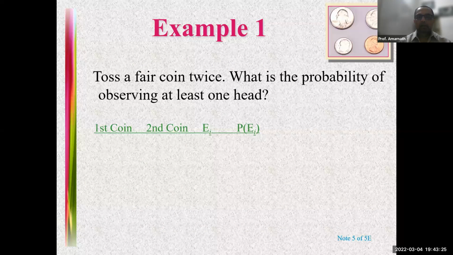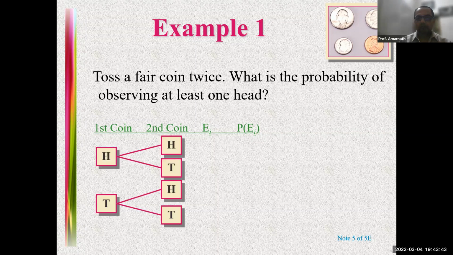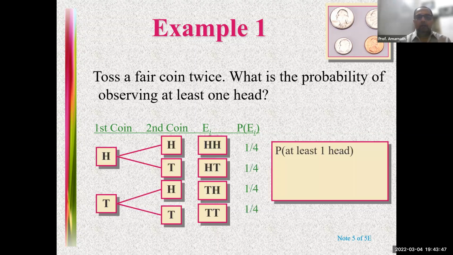An example: toss a fair coin twice. What is the probability of observing at least one head? A fair coin means I have one coin with me, where one side is the head and the other is the tail.